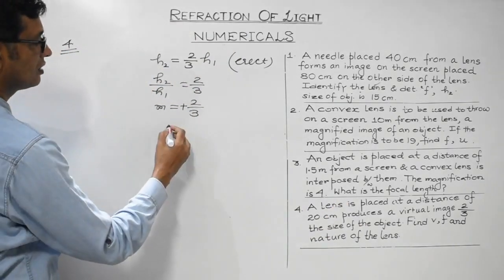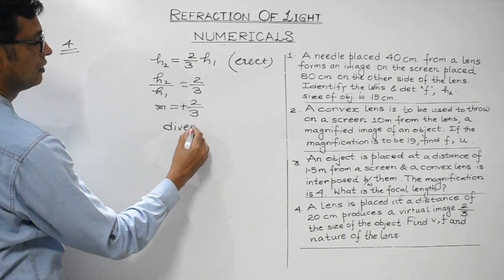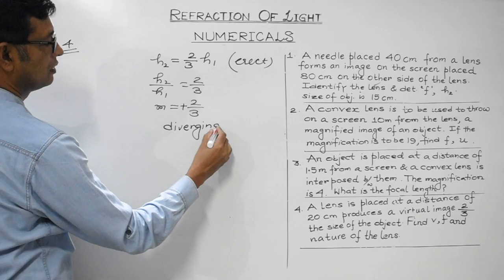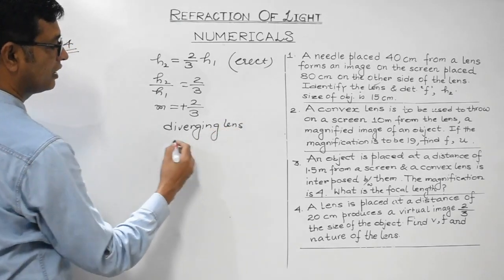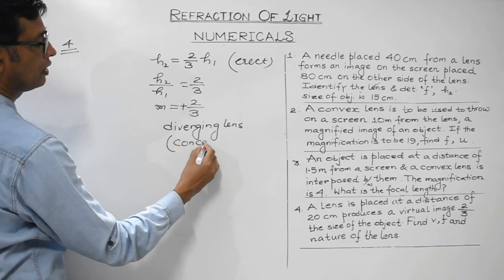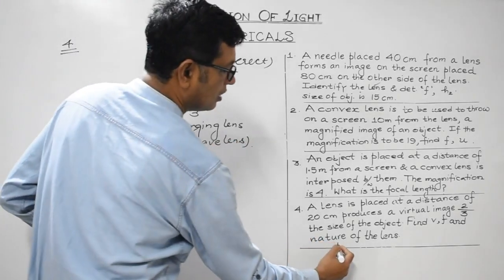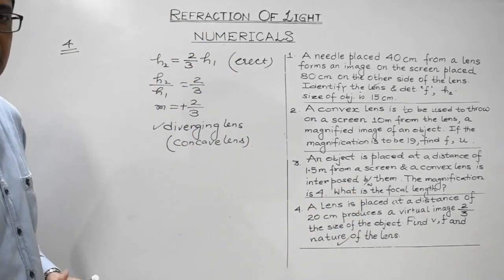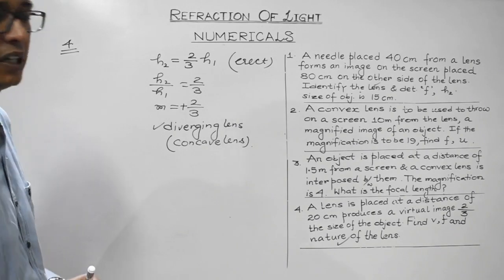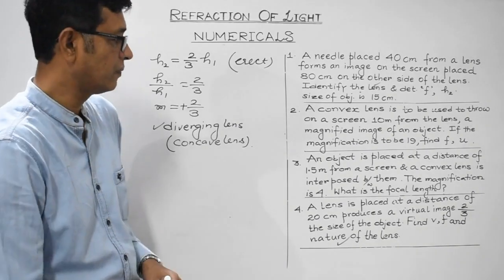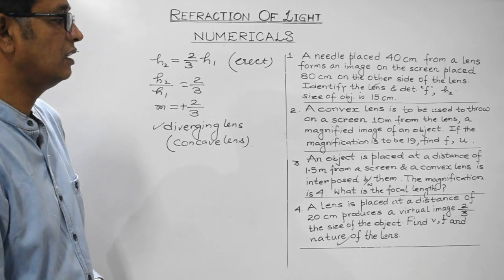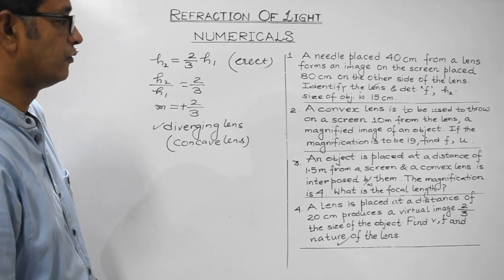Nature of the lens is diverging. Diverging lens means we are talking about concave lens. Right? So this is over. I mean, nature of the lens can be easily predicted by your theoretical knowledge. Right? Let's find the image distance and the focal length.